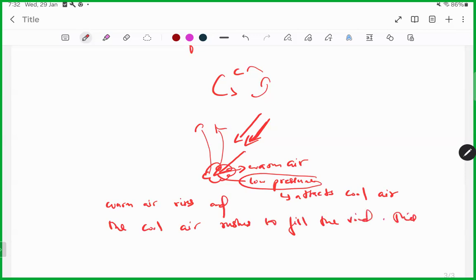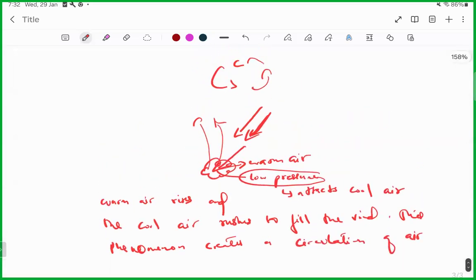This phenomenon creates a circulation of air.